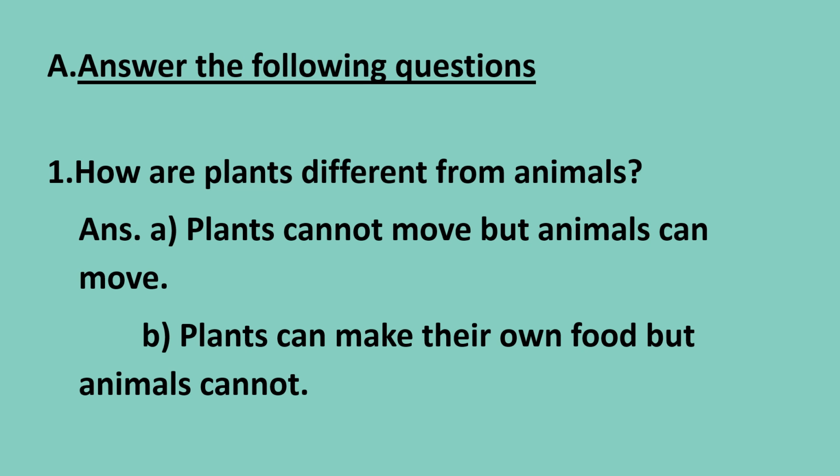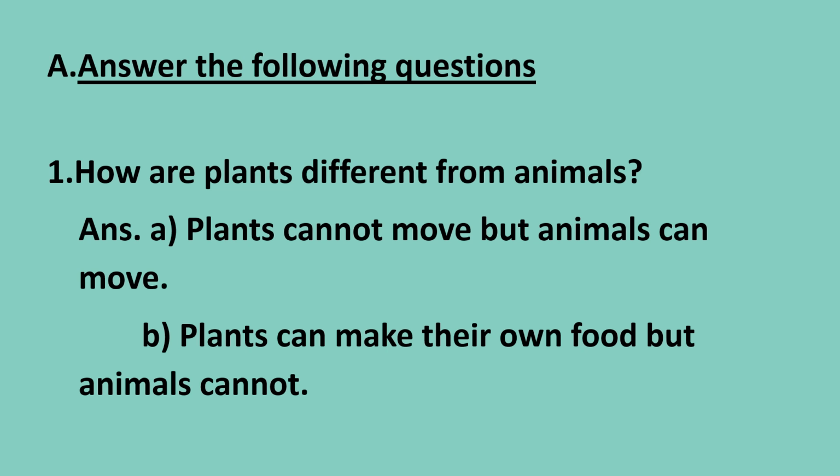Second point is plants can make their own food, but animals cannot. Children, plants make their food by the process of photosynthesis.